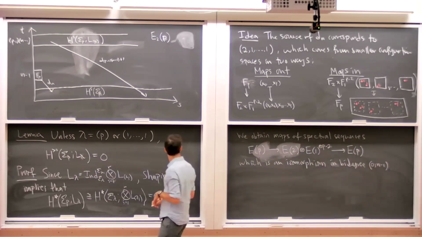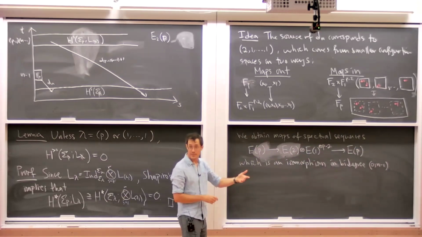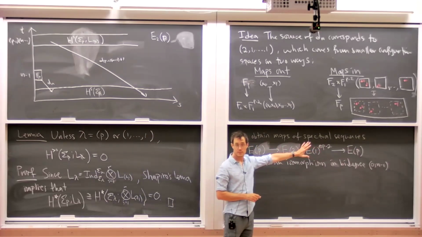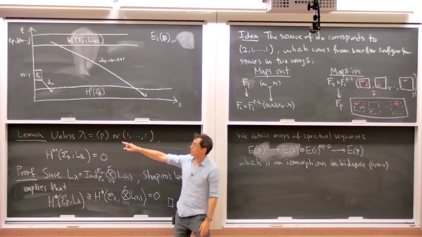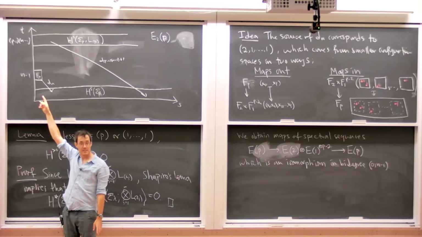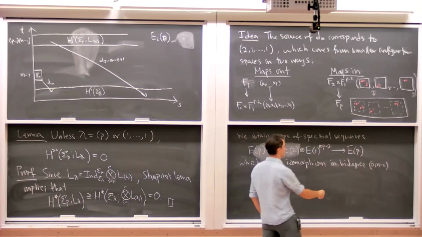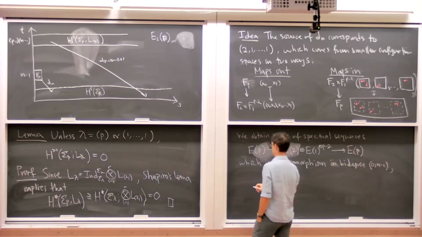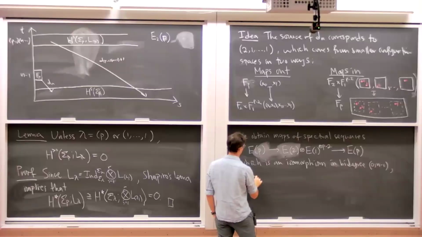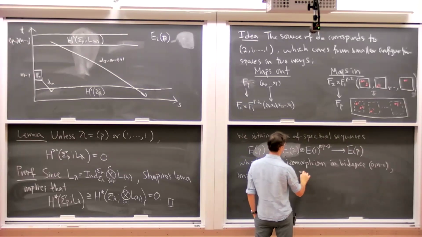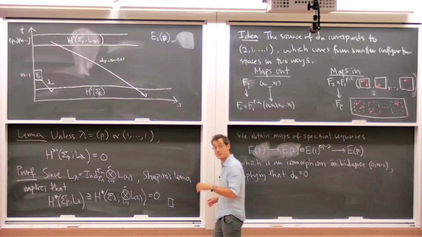And then, an easy exercise: because we know that there are no differentials in this middle spectral sequence, this automatically implies that the differential on that thing has to be 0. So this implies that dn is identically 0.